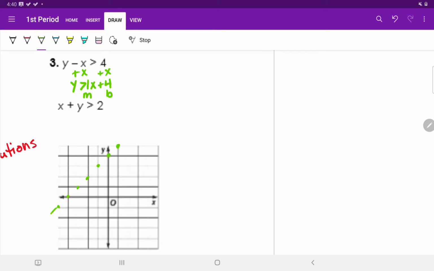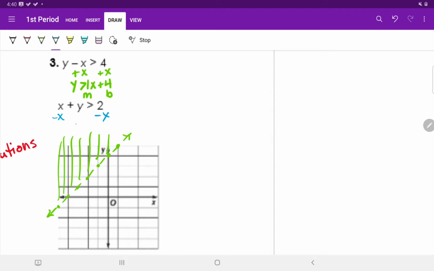This line is going to be dotted or dashed because we don't have an equal to component in our inequality. We are going to shade above it since y is greater than, and then we can move on to our next line.